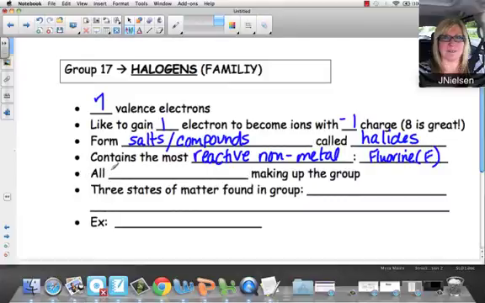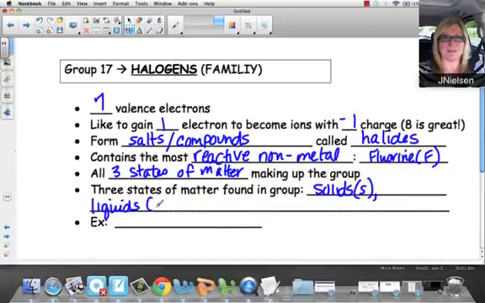And they contain all 3 states of matter. The 3 states of matter found in the group are solids, liquids, and gas.